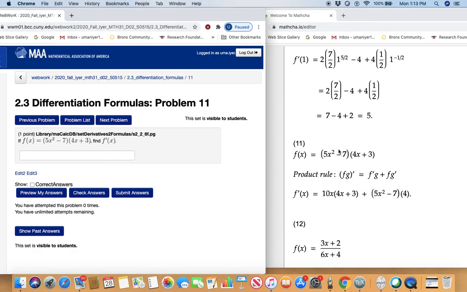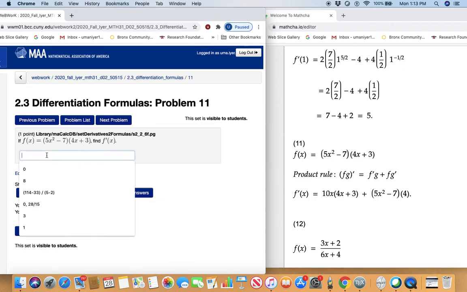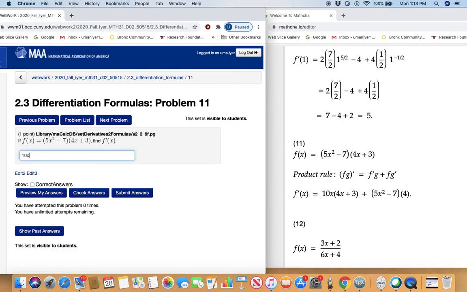So derivative of the first is 10x, because 7 is a constant, its derivative is 0. 10x, second as it is, plus first as it is, derivative of the second, that's a 4. So let's substitute: 10x times 4x plus 3 plus 5x squared minus 7 times 4.